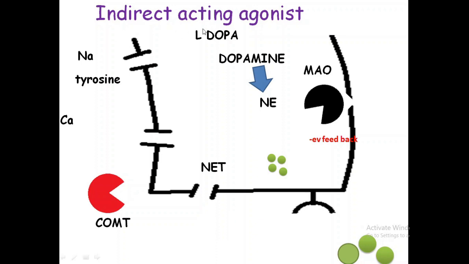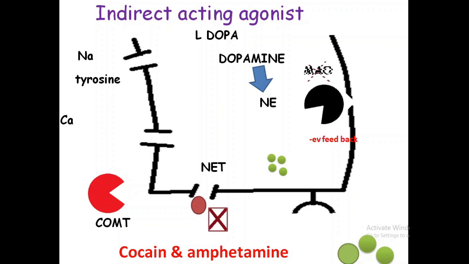Now let's move on to indirect acting adrenergic agonists. Drugs in this group do not directly interact with the postsynaptic receptors. Instead, they enhance the effect of epinephrine or norepinephrine by either inhibition of the degradation or reuptake.